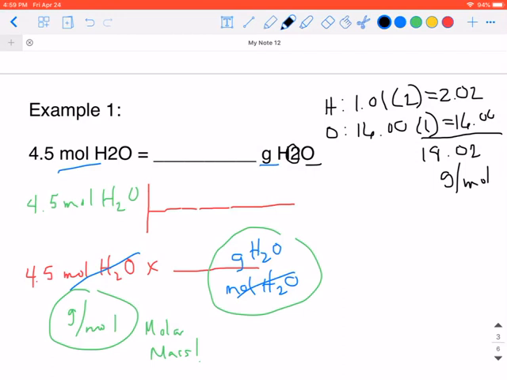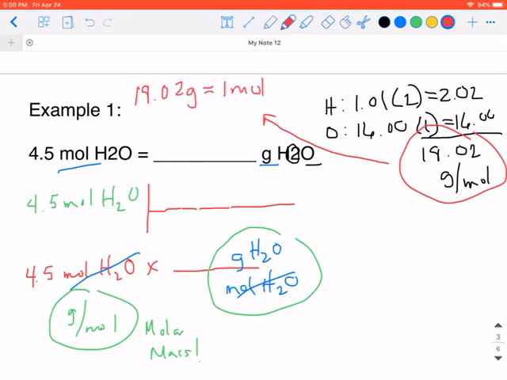If we write this unit another way, this is really saying that I have 18.02 grams for every 1 mole. Okay, so I'm going to keep the 18.02 with the grams, and I'm going to put 1 with the moles here. Okay?